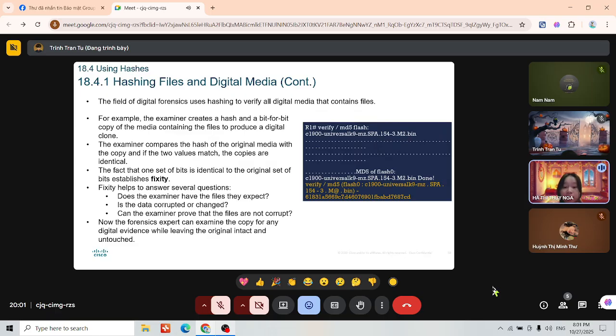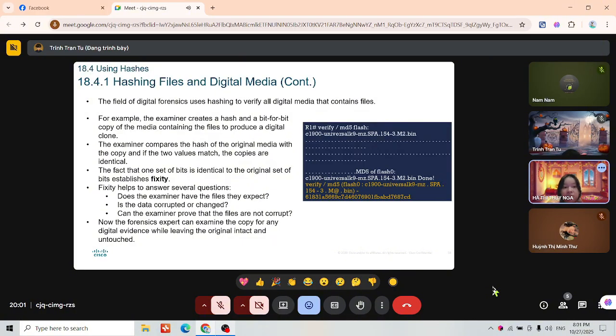This principle is called fidelity, meaning every bit of data remains unchanged. It helps answer key questions like: do investigators have the exact file they expected? Was any data corrupted or modified? Can they prove that files remain authentic?